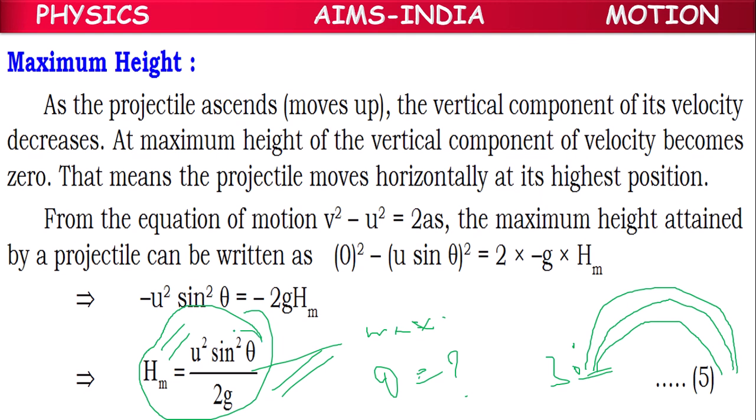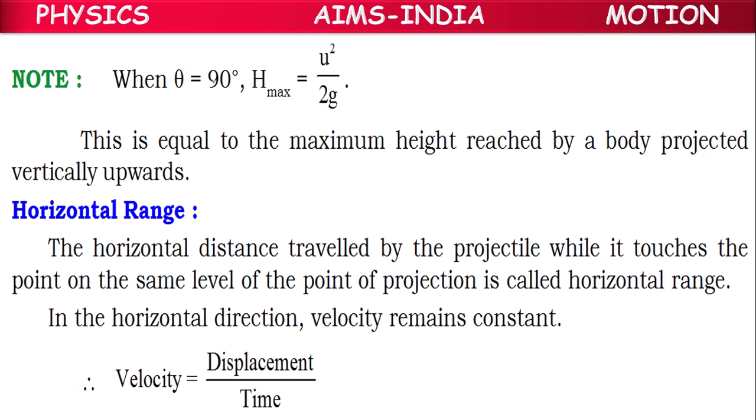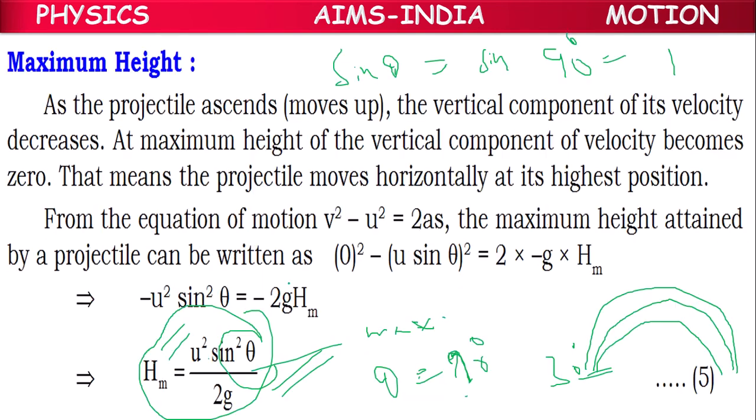Means, in trigonometry, sin theta will be maximum at sin 90 degrees. Because sin 90 degrees value is 1, means when theta equals 90 degrees, the maximum height, h max, will be u square by 2g, because sin theta value will become 1.